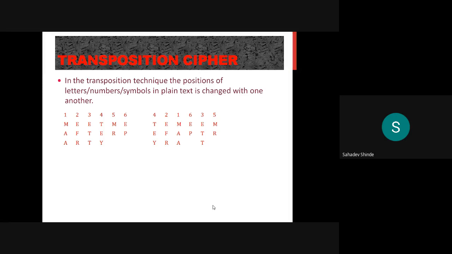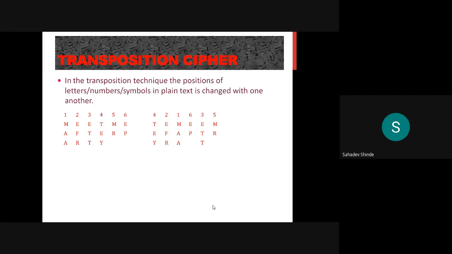On the same basis, the transposition cipher is nothing but rearranging the characters of the plain text so that you get the cipher text. You are not replacing any characters of the plain text.